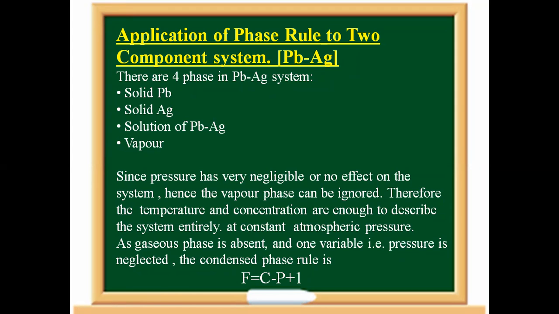Followed everyone? So for a two component system, there is the reduced or condensed phase rule. For a one component system, there is the proper Gibbs phase rule, which is F is equal to C minus P plus 2. Okay? Just write down this. I hope you all have followed.